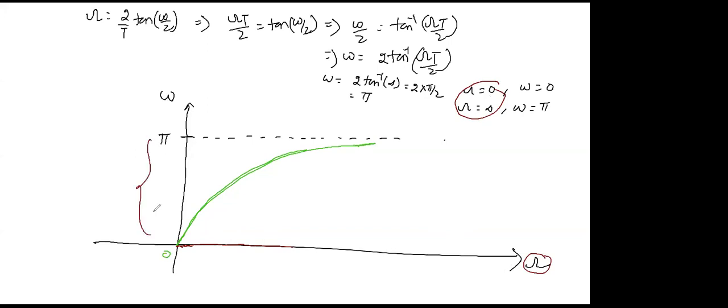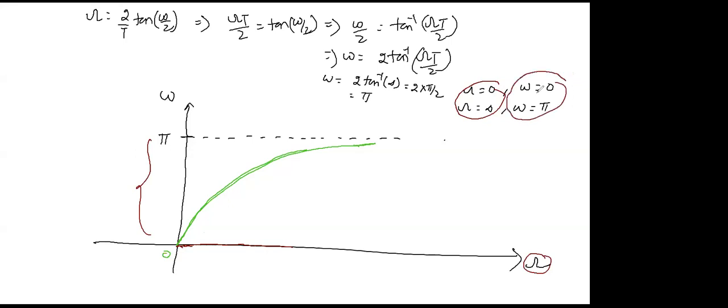Omega equal to 0 to infinity means a complete infinite region in the analog domain, and it is compressed into the region 0 to pi, because when omega is 0 to infinity, you get small omega from 0 to pi.